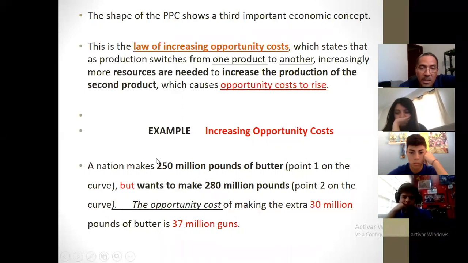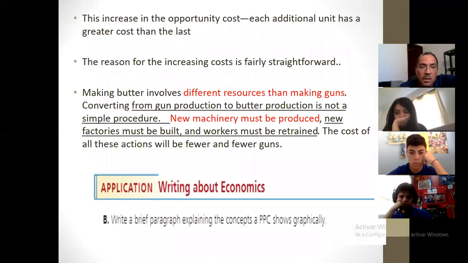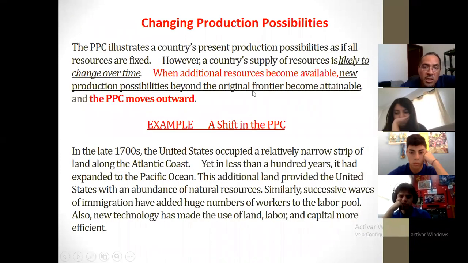Over here, there is another example, the same thing. I don't want to touch this. And now let's move to this. This is changing production possibilities. The PPC illustrates a country's present production possibilities as if all resources are fixed.